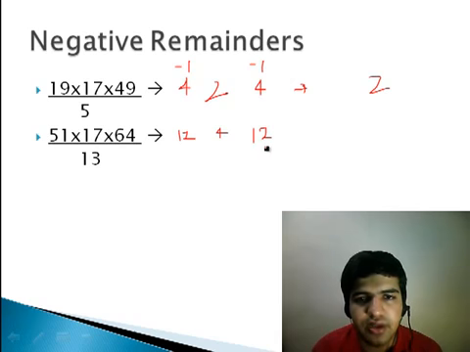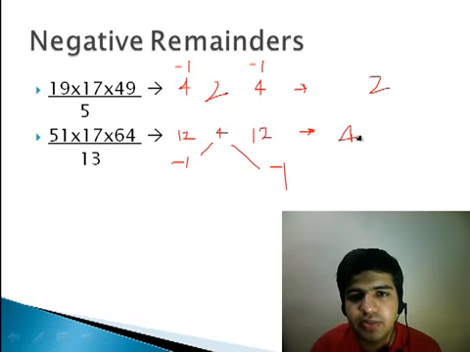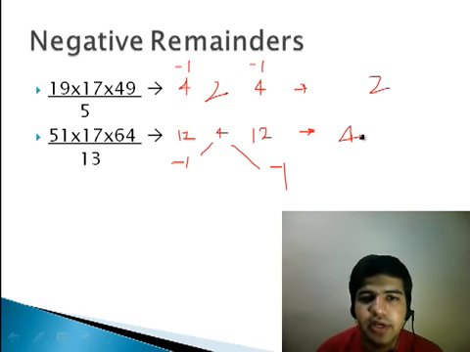So you will get 144 into 4, which would be a very huge number, and then divided by 13. Rather than doing that, if we do minus 1 into 4 and into again minus 1, we get the remainder directly as 4. Please pardon my handwriting. So this concept will speed up your calculations like anything.